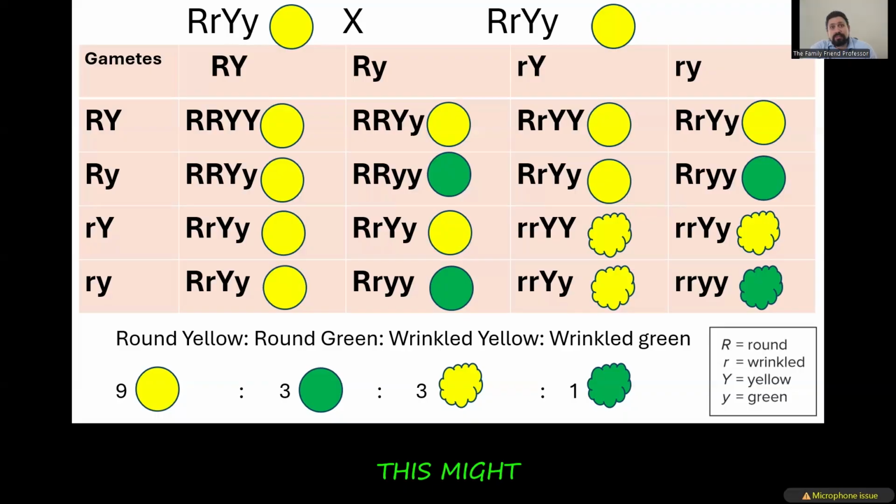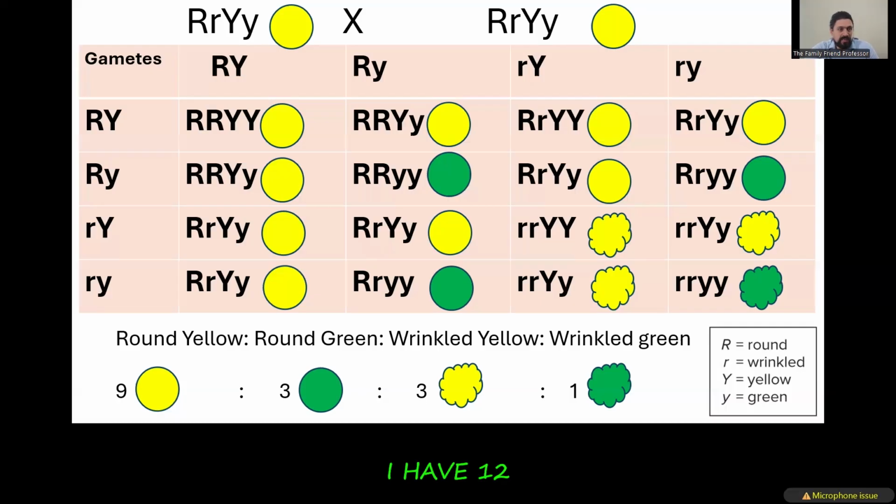This might seem complicated, but let's look at the seed color and ignore the seed shape. How many are yellow? 12. How many are green? 4. So 12 to 4, that's 3 to 1. Now let's look at the seed shape and ignore the color.